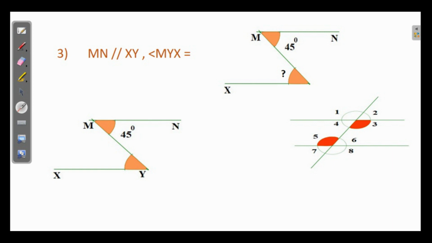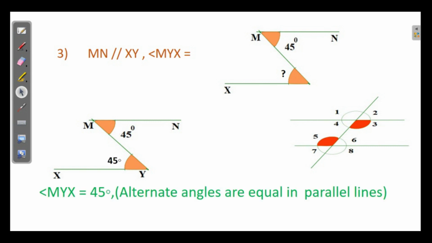Alternate angles. Alternate angles are equal in parallel lines. So what would be the measurement of this angle? Angle MYX is 45 degree. Same. Alternate angles are equal in parallel lines.